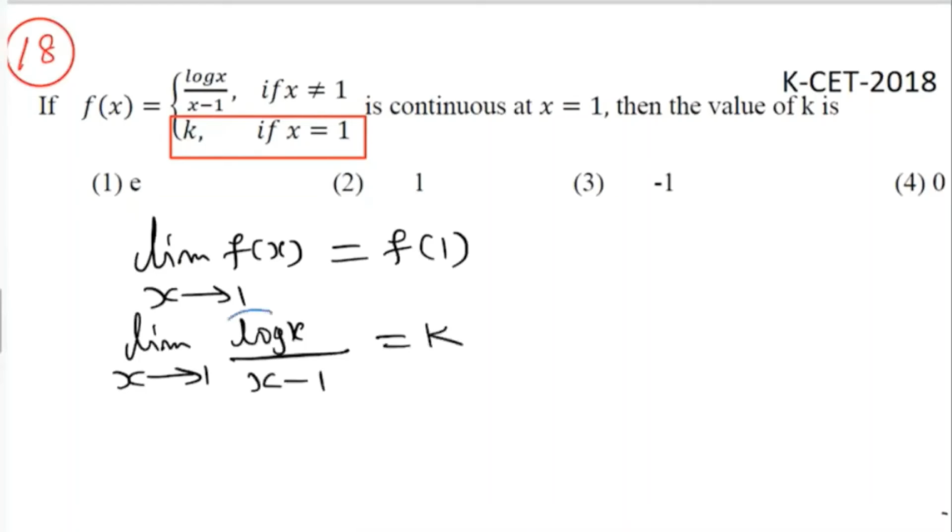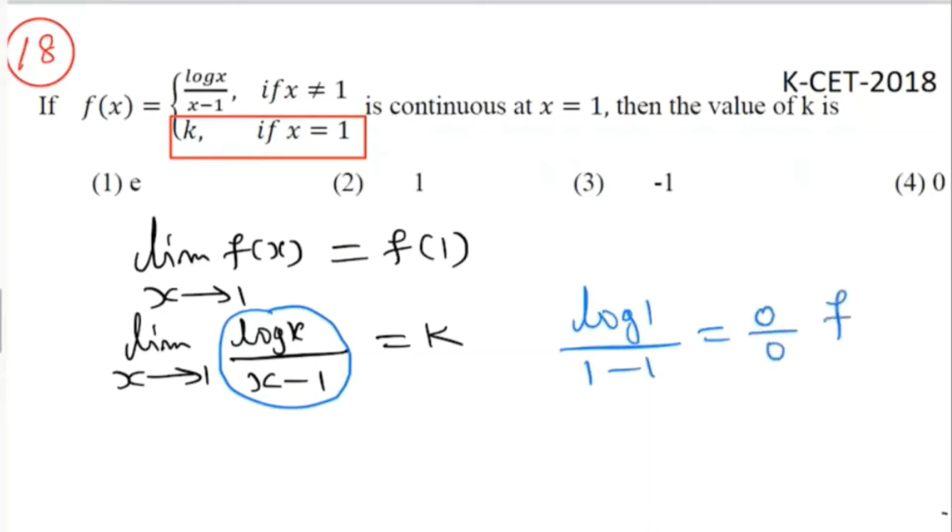Now, when you take the value of x as 1 in this expression, that is log of 1 upon 1 minus 1, log 1 is 0, so it is 0 upon 0 form. So we can apply L'Hopital's rule.